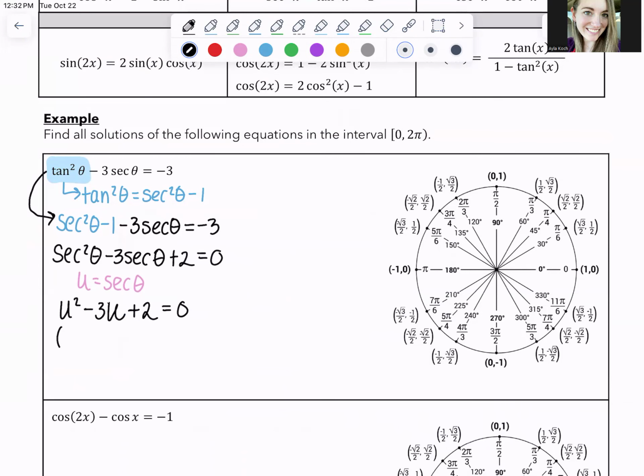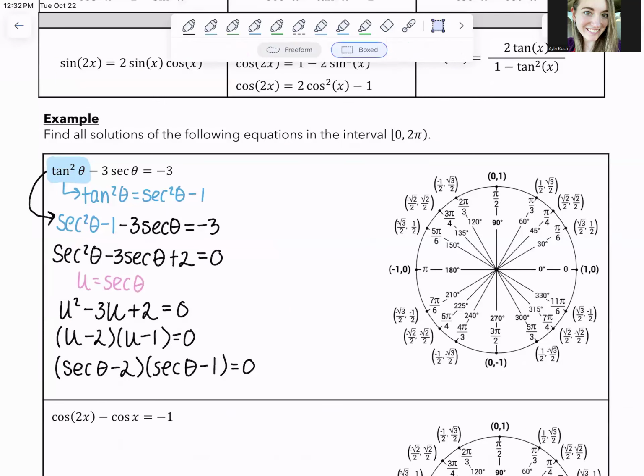This gets factored: u minus 2 times u minus 1 equal to 0. Replace those u's with secant thetas: secant theta minus 2 times secant theta minus 1 equal to 0.